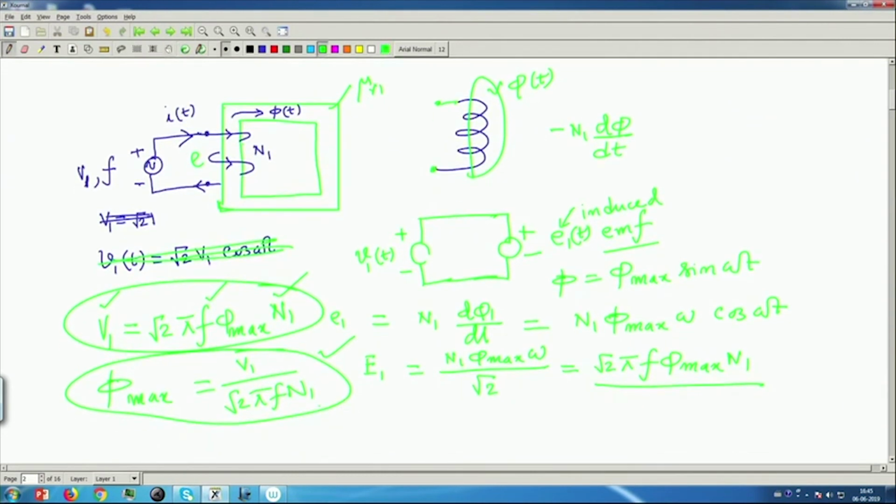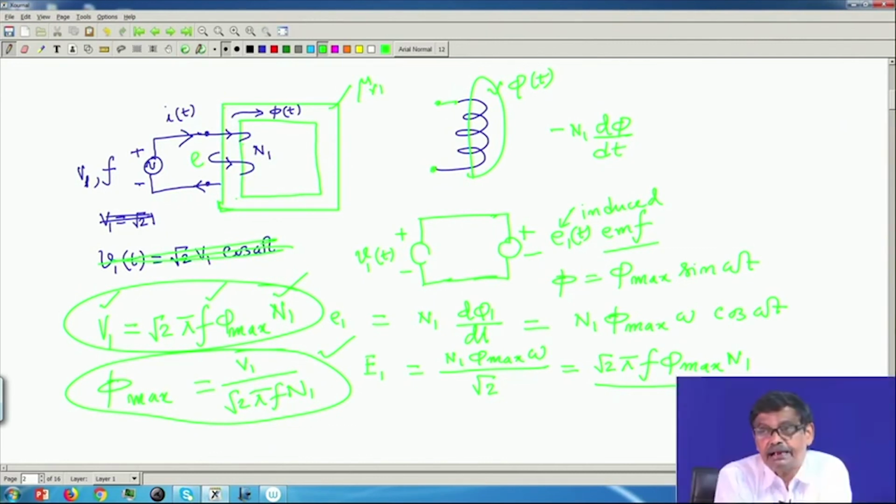So, no matter what kind of magnetic material it is, good magnetic material or bad magnetic material, the moment supply RMS voltage and supply frequency are known, phi max in the core is decided. A very crucial point to go ahead with the concept of a transformer. We will continue with that. Thank you.